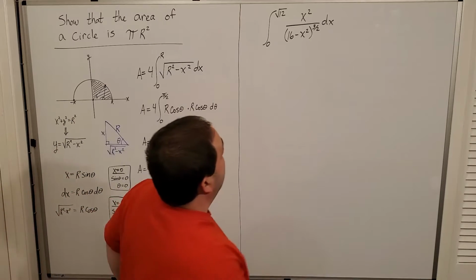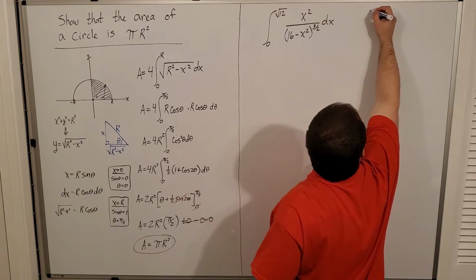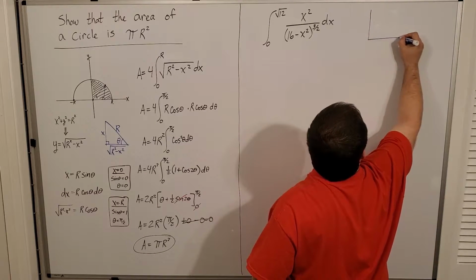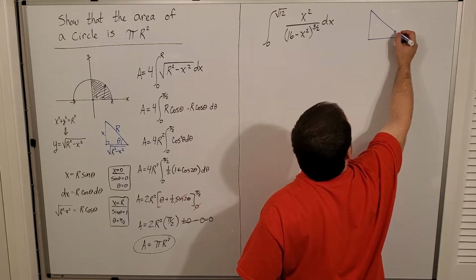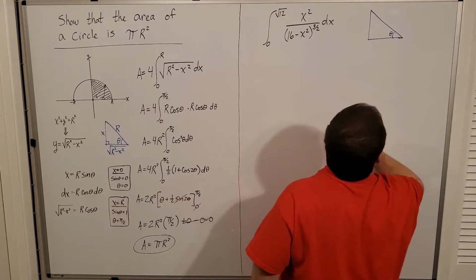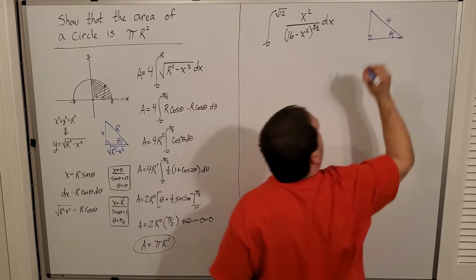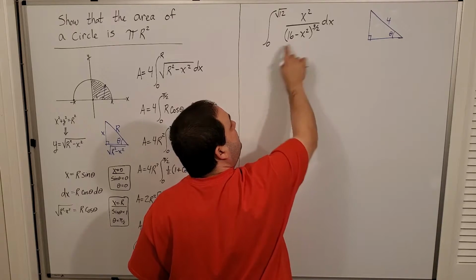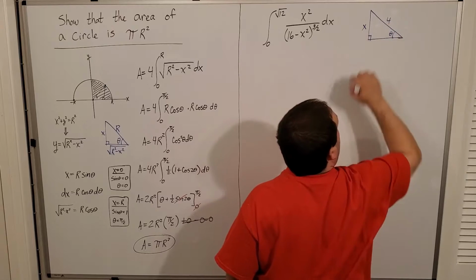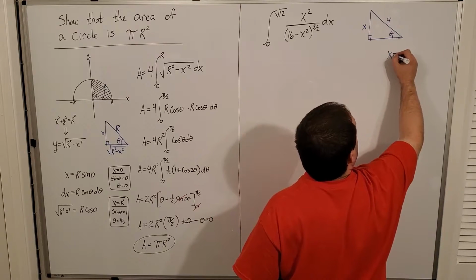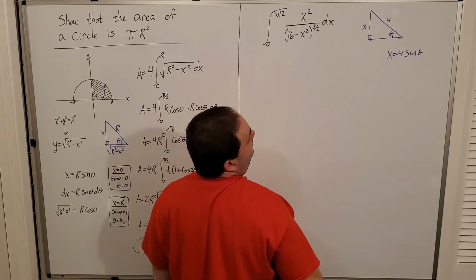So let's do it. I see the 16 minus x squared, so I draw my triangle, right, like so. And then I know that my 4 has to be the hypotenuse because it's the front of the subtraction. I'm going to let x be the opposite so that I can let x equal 4 sine theta be my substitution.